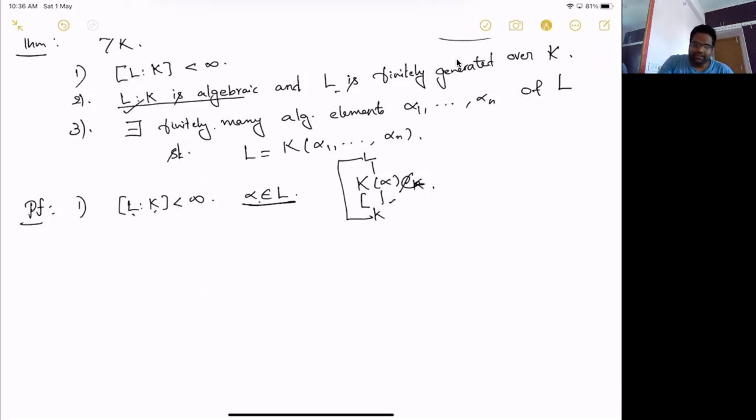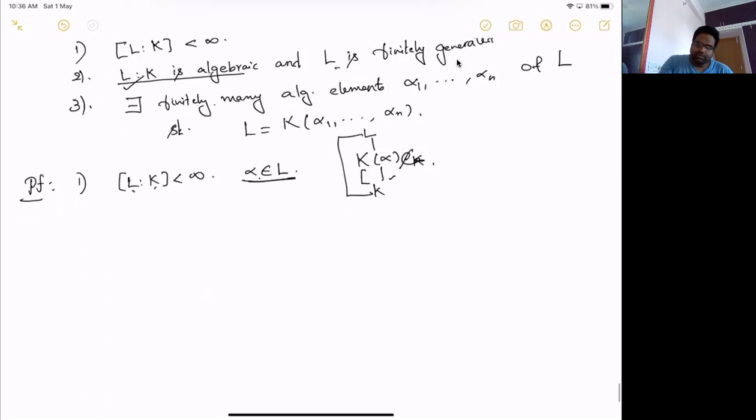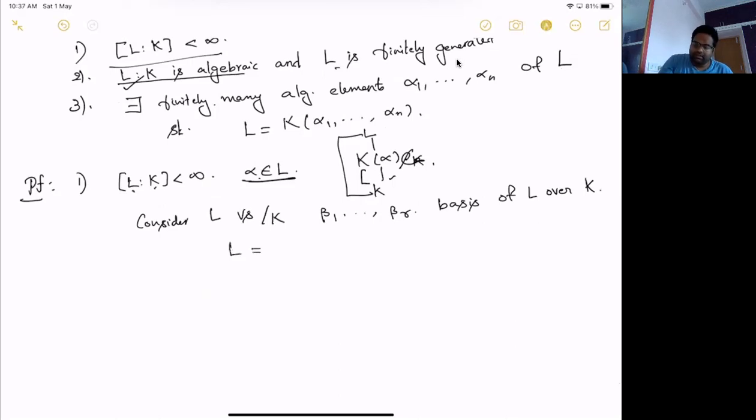Now you have to show that L is finitely generated over K. Consider L as a vector space over K. Since L over K is finite, there exist elements beta 1 up to beta r which form a basis of L over K. In particular, every element of L can be written as a linear combination of K beta 1 plus K beta 2 plus up to K beta r.